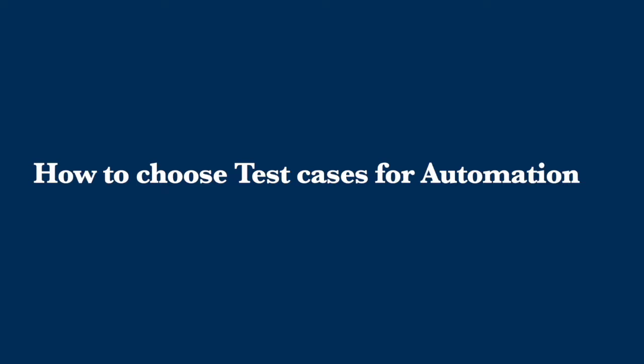It's a very important point which I want to discuss with you today, because we know that whenever a new product comes and development starts, we do manual testing, and we perform system testing and functional testing on that product.